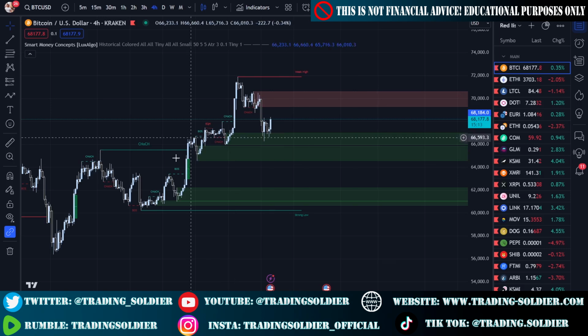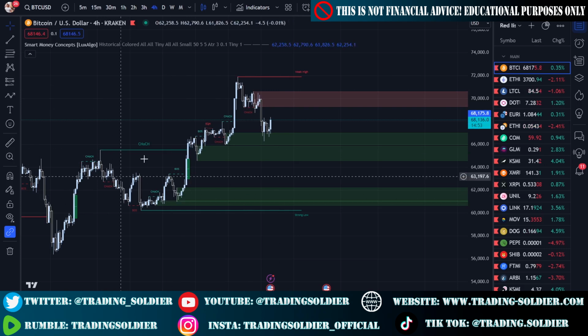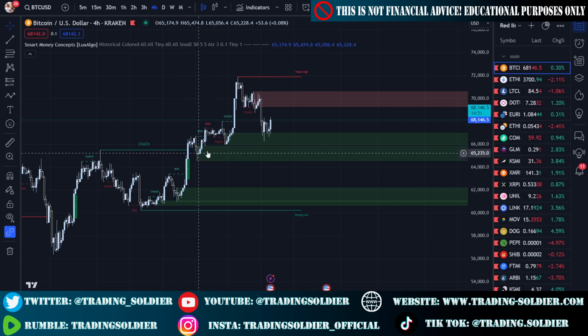Then we have the last swing lows and last swing highs, so the signaling of the last strong lows or weak lows, or weak highs or strong highs, okay? So it signals the last swing high point or swing low, okay, of the chart. And then we have the bullish and bearish fair value gaps, okay?